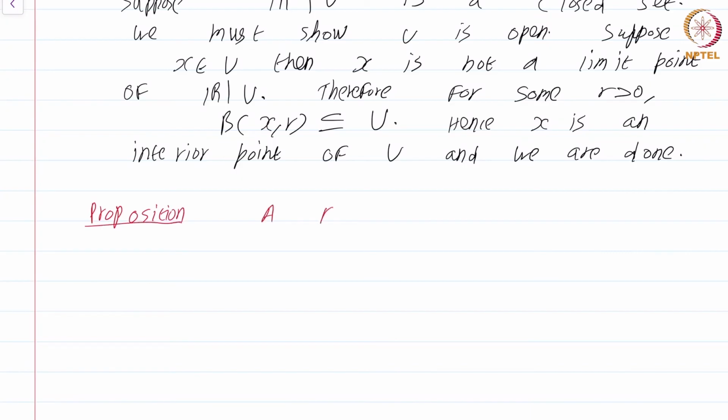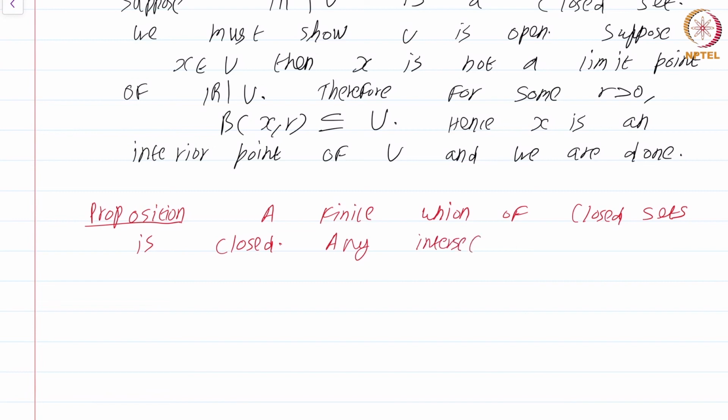A finite union of closed sets is closed. Okay. Any intersection of closed sets is closed.